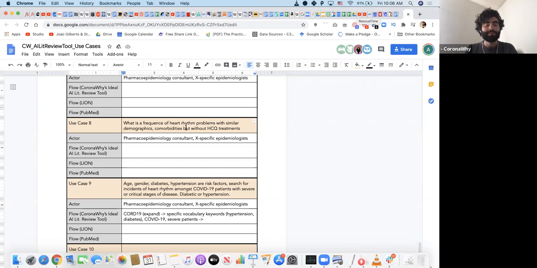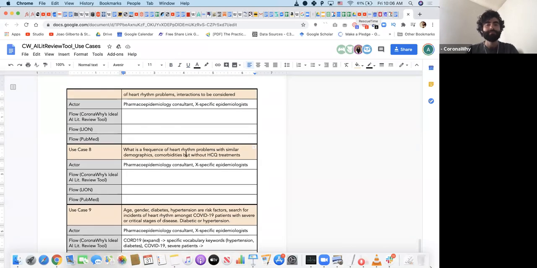So he was wondering about specific questions related to hydroxychloroquine, for example, what is the frequency of heart rhythm problems with similar demographics and comorbidities, but without hydroxychloroquine treatment? It's a very specific query that I believe it's possible to answer with our existing infrastructure.